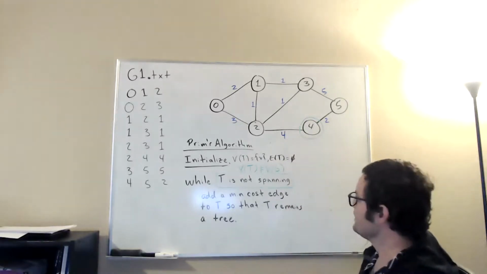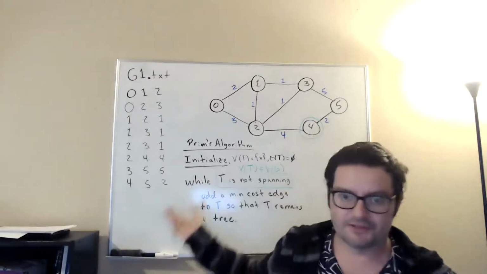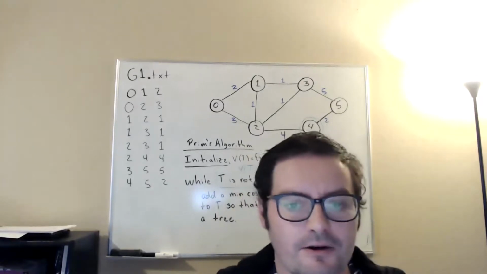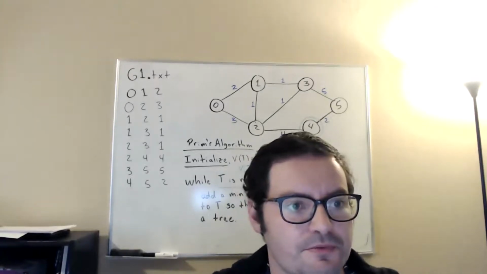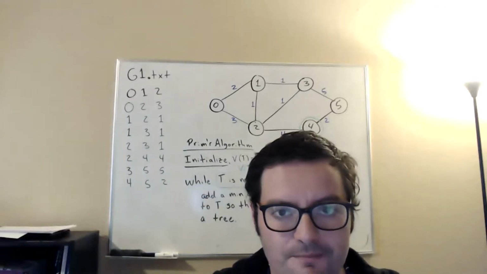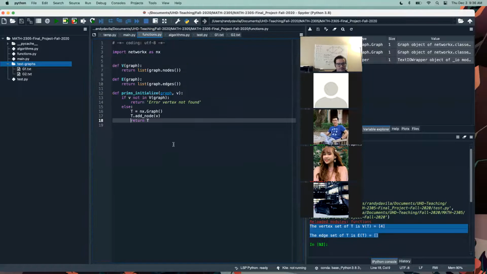That's something that we're going to need to check over and over again. Let's go ahead and write a simple function to do that. We're going to put this in our function script, so def.